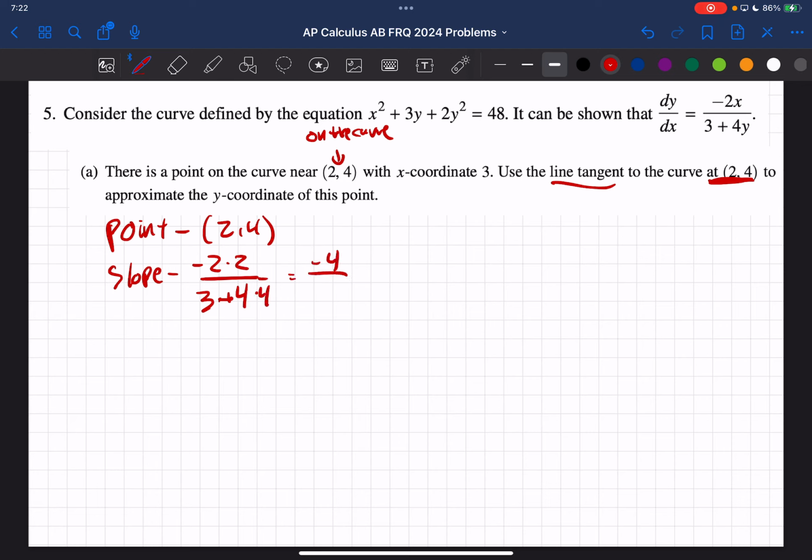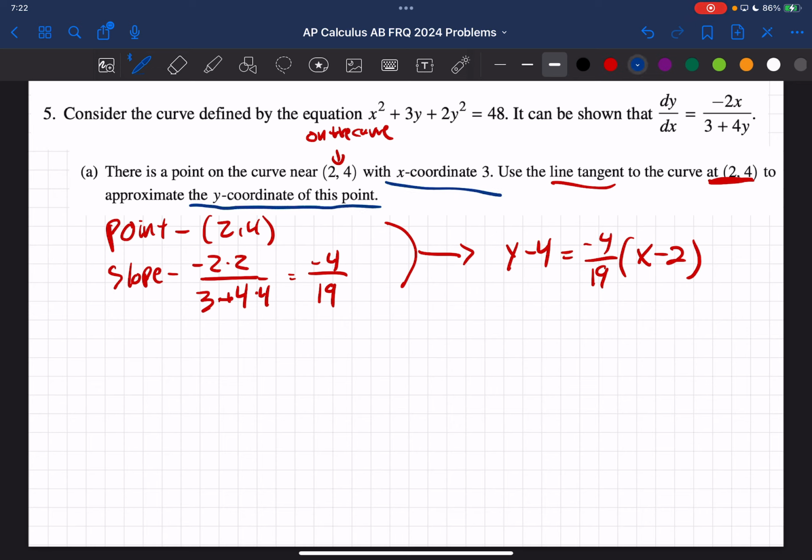So we have negative 4 on the top, and 19 on the bottom. So our tangent line is y minus 4 equals negative 4 over 19 times x minus 2.